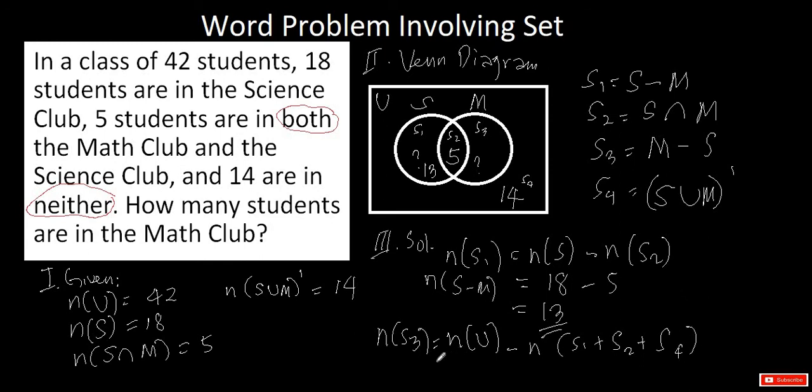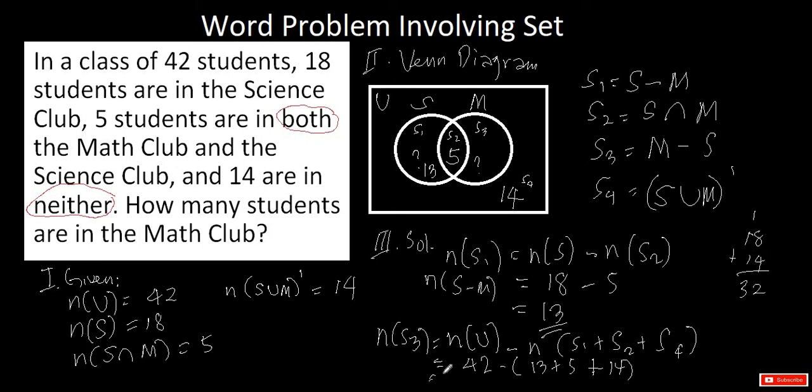Okay, so the cardinality of the universal set is given as 42 minus, okay, we will add 13 plus 5 and 14. So what is 13 plus 5? It is 18, right? Then 18 plus 14 is 32.